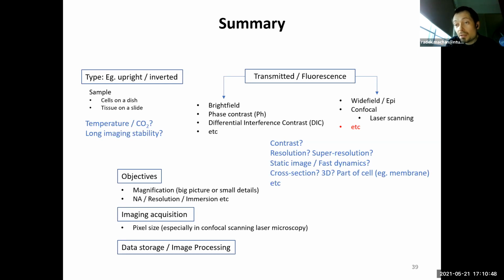But there are of course a lot of other things, like how to analyze the images and derive more information from them. We are also helping some users with image processing, so you can approach us if you need any help on that side.